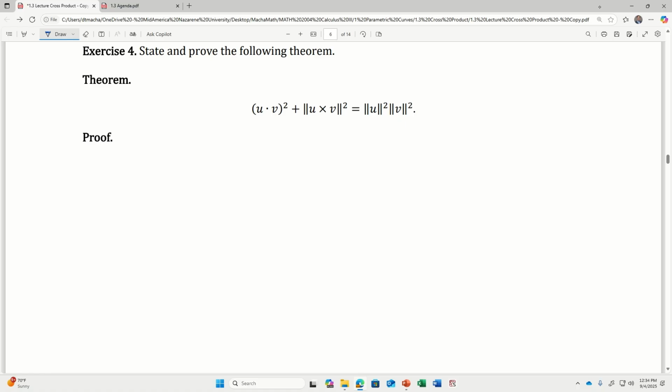And to prove this, we are just going to use the dot product and cross product formulas and the norm formulas. Basically just use the formulas, expand it, and then you'll see that the left side is equal to the right side.